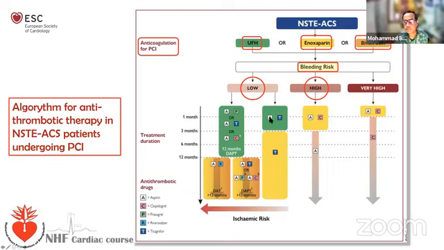Next option is to use aspirin with ticagrelor for 3 months and then ticagrelor alone beyond that. If the patient is at high bleeding risk, use clopidogrel and aspirin for 3 months and then aspirin alone. And in a very high risk patient, aspirin and clopidogrel for 1 month and then clopidogrel alone. So this is a new concept, using aspirin and rivaroxaban beyond 12 months in a patient undergoing PCI.